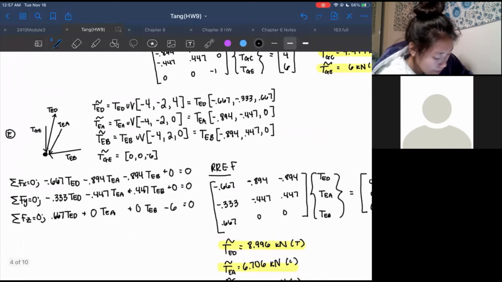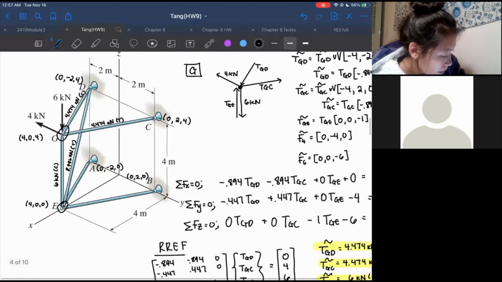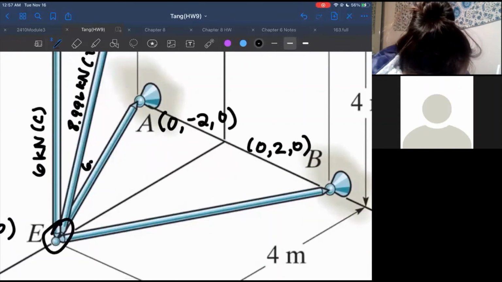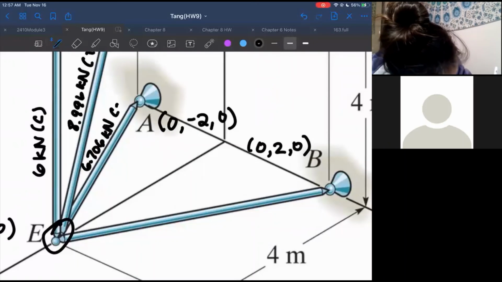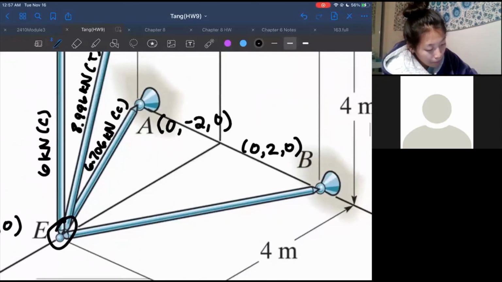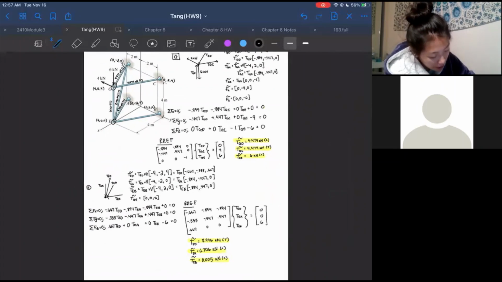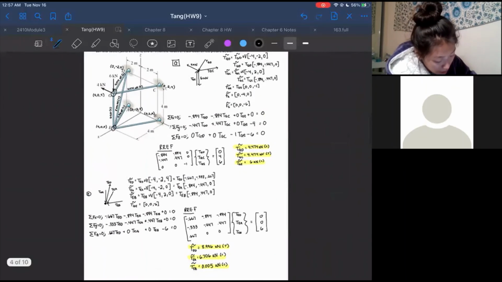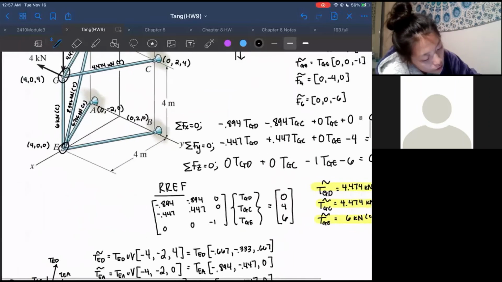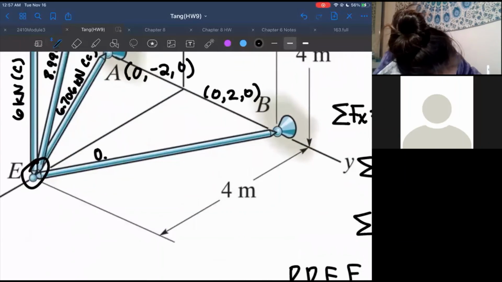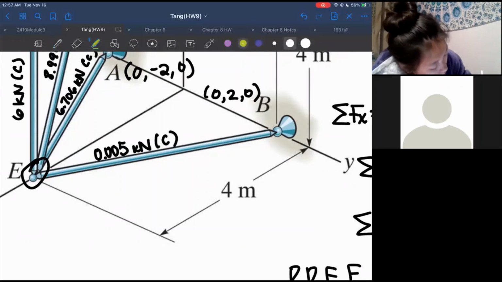TEA, 6.706, and that is in compression. And then TEB, which is 0.005, which is in compression as well.